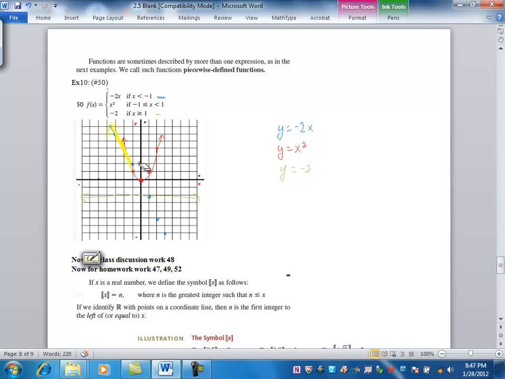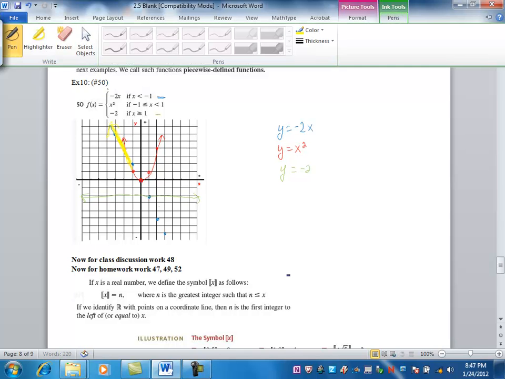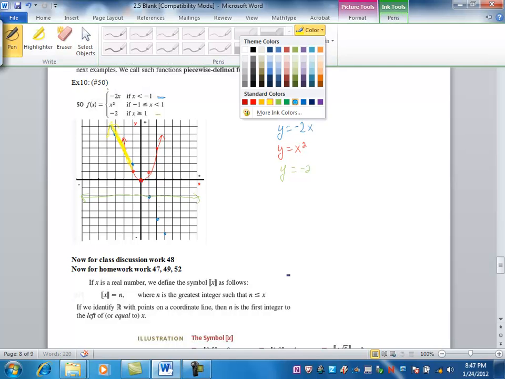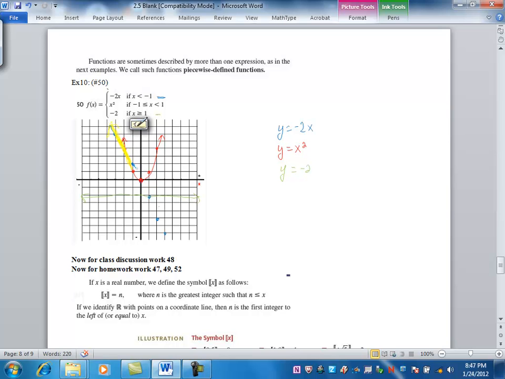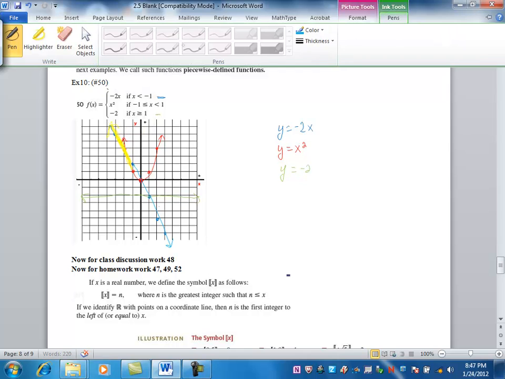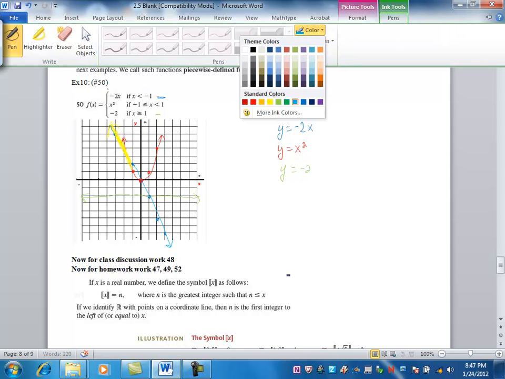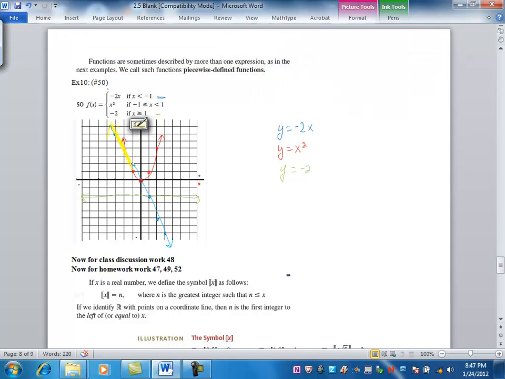I went a little too far there, so let's try to fix this. There we are. So when x is negative 1, we know that y is 2. Alright, so there's that part of the graph.